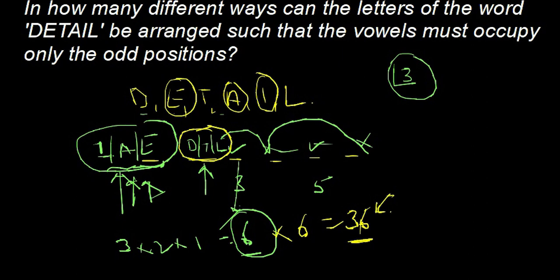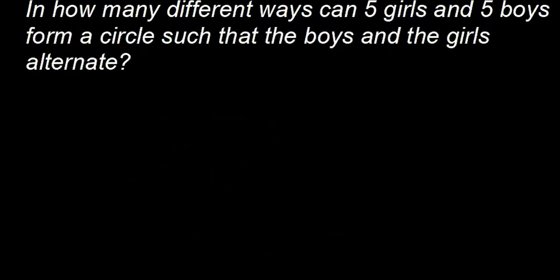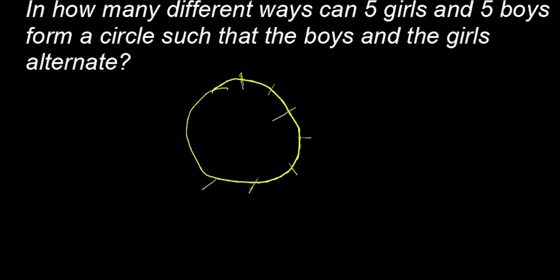Okay, so in how many different ways can 5 girls and 5 boys form a circle such that the boys and the girls alternate? Okay, so let's make a circle, and how many people are there? So there are 10 people. So this is 1, 2, 3, 4, 5, 6, 7, 8, 9 and 10.